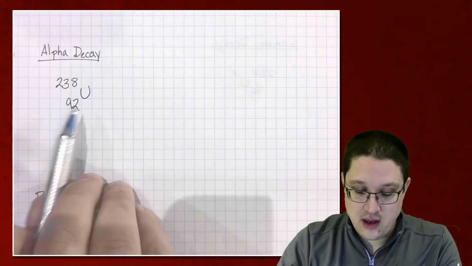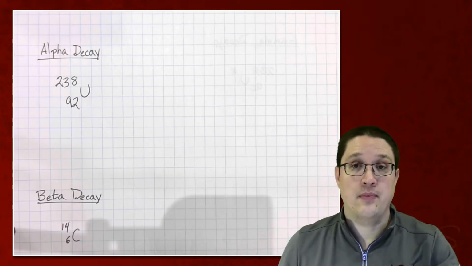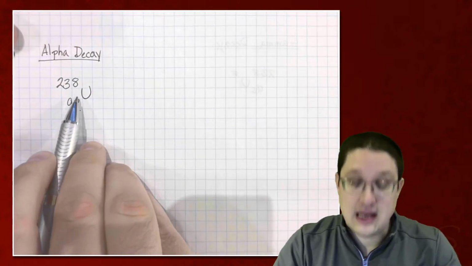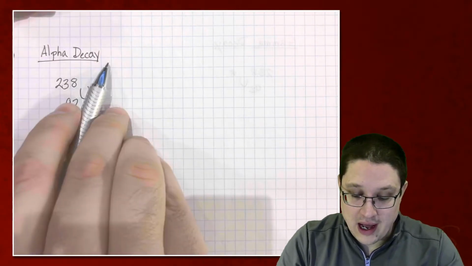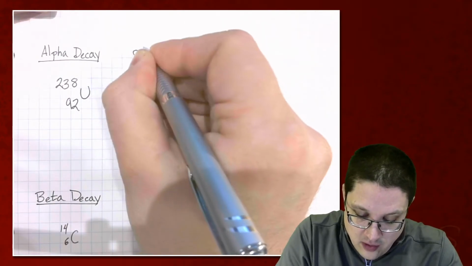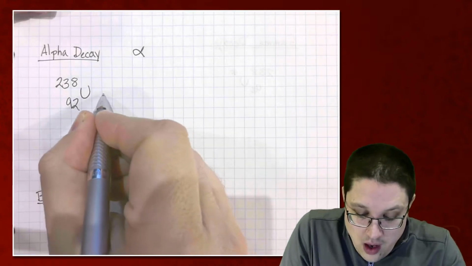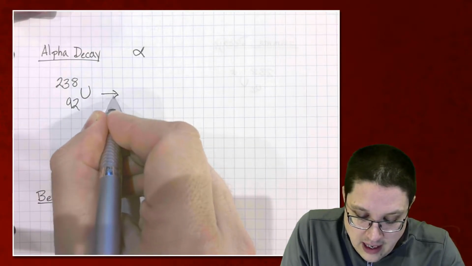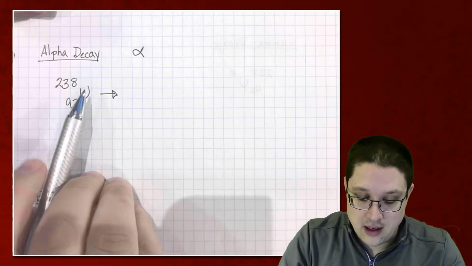Alpha decay is when you have an element or an atom that decays and emits what's called an alpha particle. You may also see this as the Greek letter alpha, which looks like a little fish. What we've got here is we might have a uranium-238 isotope.